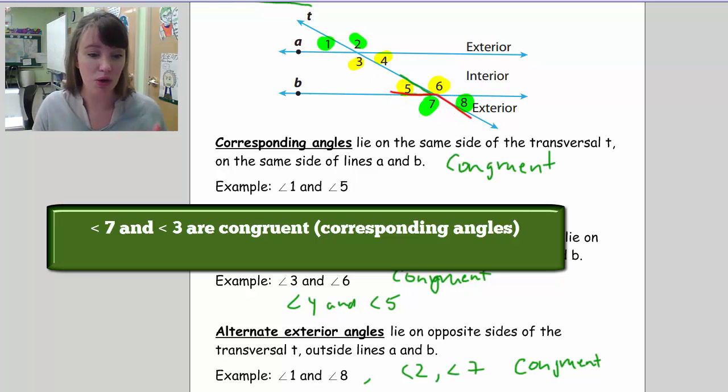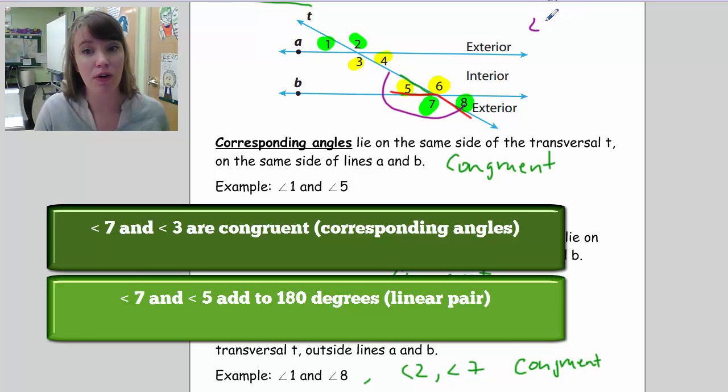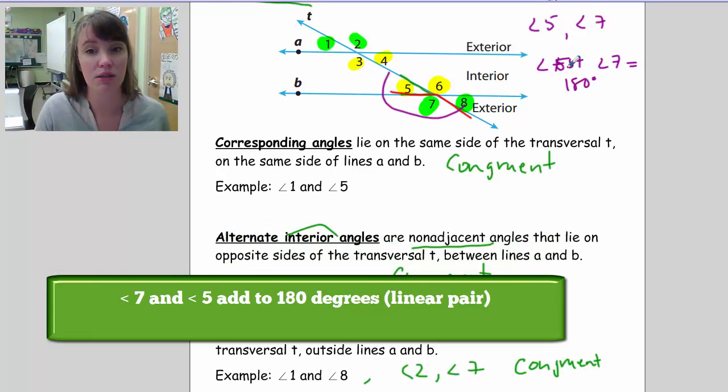I also know that 5 and 7 make a linear pair. So angle 5 and angle 7 together, if I add them up, they lie along a straight line, and all together they represent 180 degrees. So I know that they can't be identical.